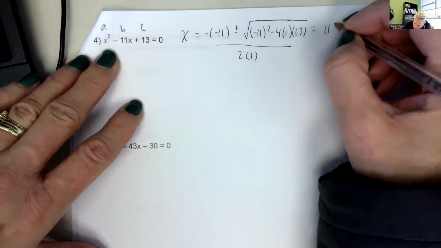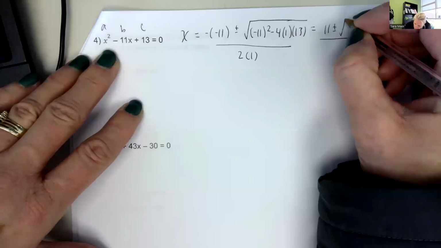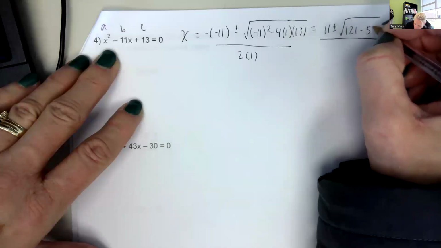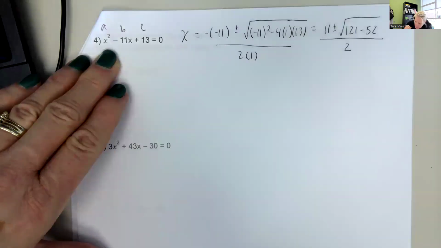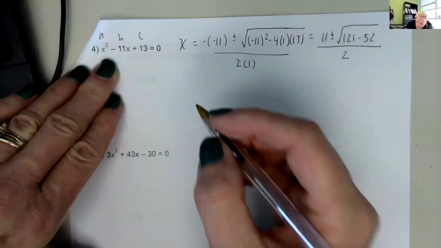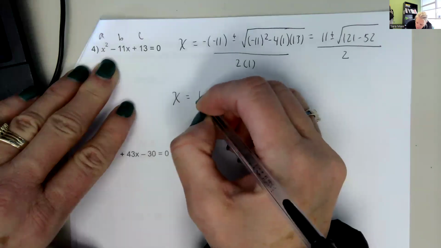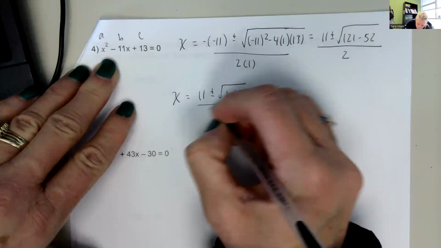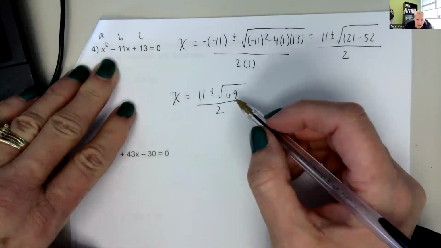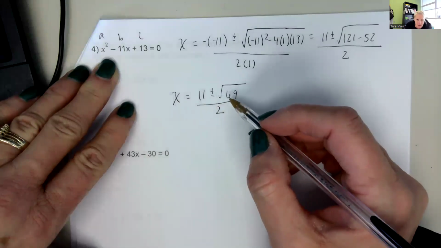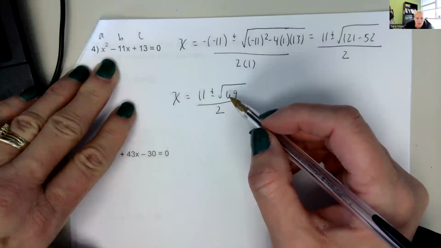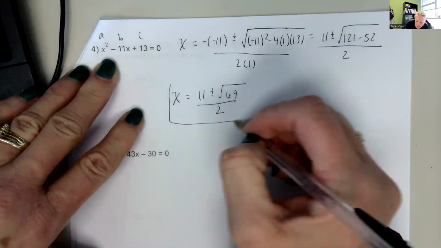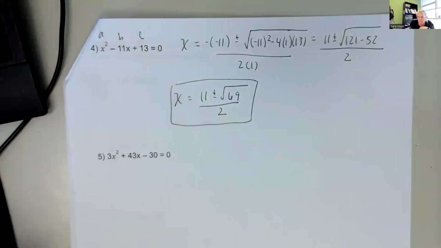So we have 11 plus or minus the square root of 121 minus 52 all over 2. And then that simplifies into 11 plus or minus the square root of 69 over 2. And 69 does not have anything that is a perfect root, so it is going to be finished right there.